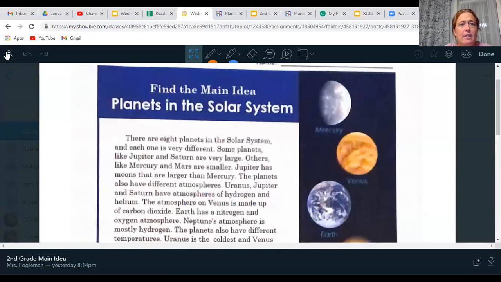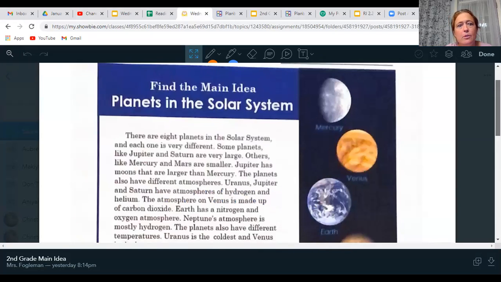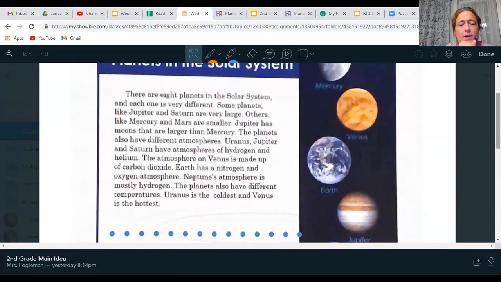There are 8 planets in the solar system, and each one is very different. Some planets, like Jupiter and Saturn, are very large. Others, like Mercury and Mars, are smaller. Jupiter has moons that are larger than Mercury. The planets also have different atmospheres.